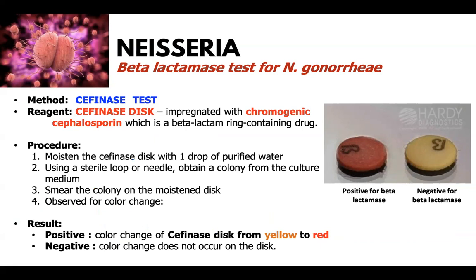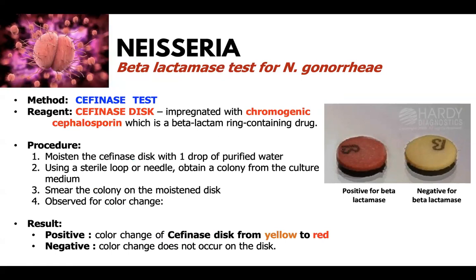Okay, so the cefinase test makes use of an antibiotic disc, okay, a cefinase disc, which is impregnated with cephalosporin. Okay, so ang cephalosporin has a beta-lactam ring. Okay, so madali lang, parang kagaya lang ng oxidase test natin. So babasain mo lang yung disc, incorporated naman siya. So para lang moisten siya, lalagyan natin ng sterile distilled water para medyo moist yung ating disc.